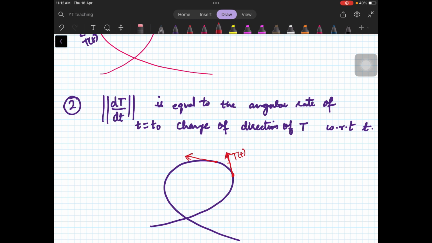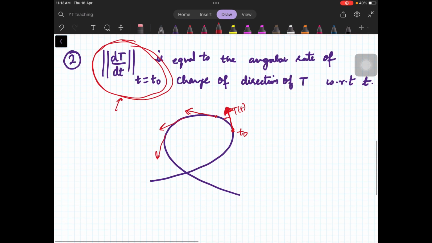There is some angular rate of change of the direction of the unit tangent vector, and we are saying that at a point t naught it is equal to this. This is the rate at which the direction is changing. This quantity can be of importance in many physical situations, so this is what we are going to do now.